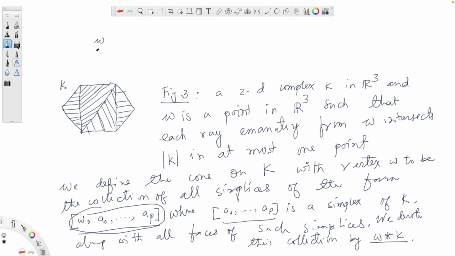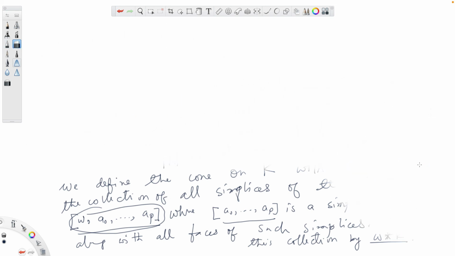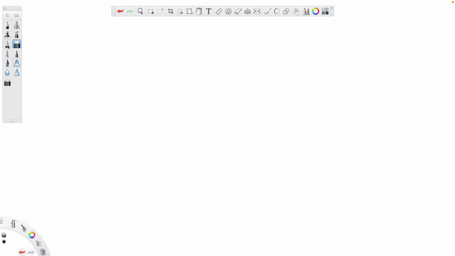Okay, so it's time to give you the example. So we have drawn earlier the two-dimensional complex in R3, right? So this was in figure 3.